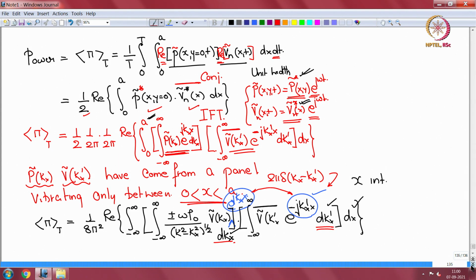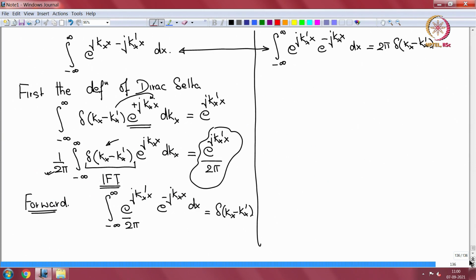So what we'll have as a resultant is the time average power per unit width given by 1 over 8 pi square and the twice pi from the delta part, and a real integral minus infinity to infinity plus or minus omega rho 0 by k square minus kx square to the power half.